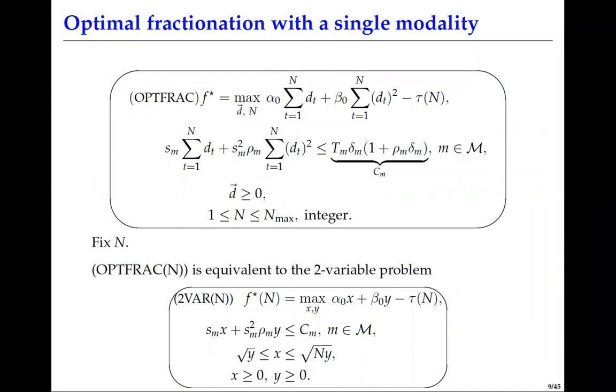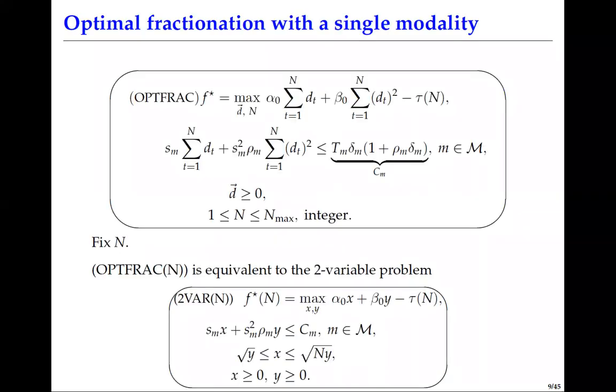But roughly speaking, what that means is that if I have X star and Y star, it turns out that there are only three possibilities. Y star could be equal to X star, meaning the square root of Y star is equal to X star, and that's when this is equal to this. That's one possibility. The other possibility is that X star could be equal to the square root of n Y star, when this is met as equality.